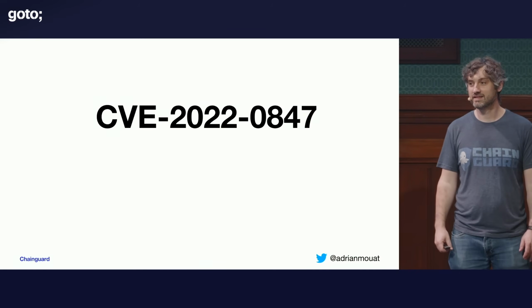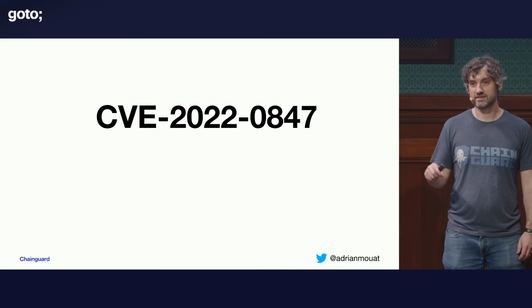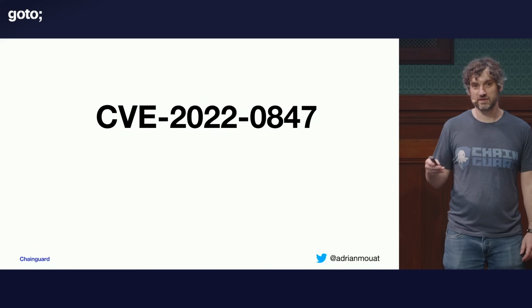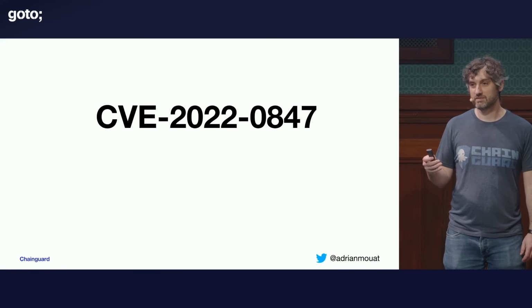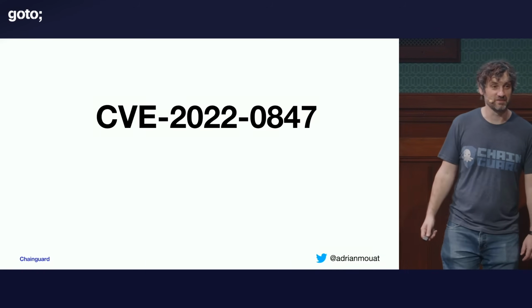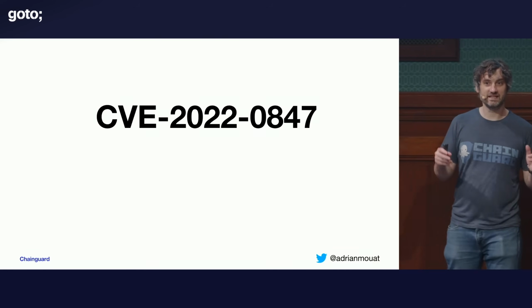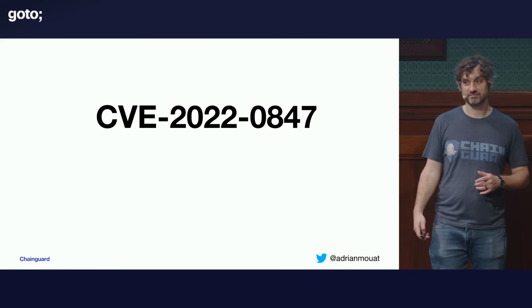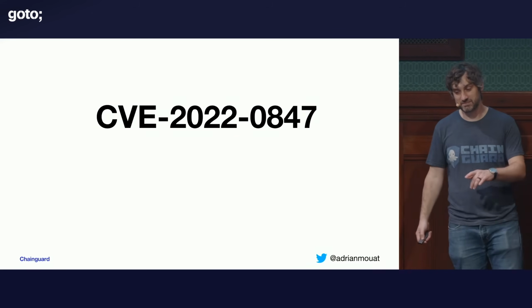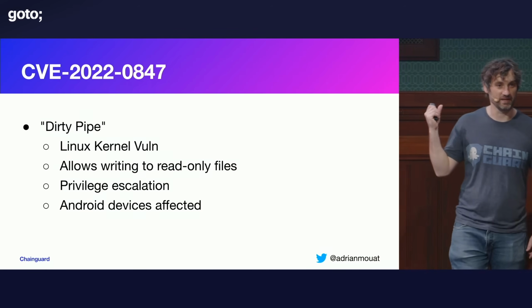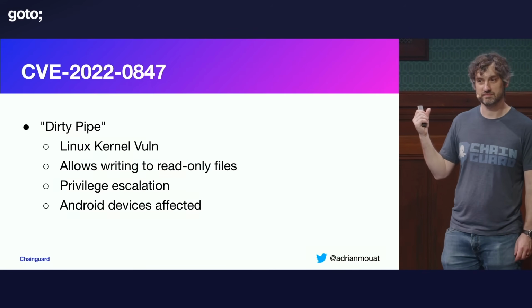Sorry? No. That was the year before. You've all got short memories. Well, actually, you should remember this, but it was in the Linux kernel. Anyone? No. It was big enough to get its own name. It was Dirty Pipe. I don't know if any of you saw that one.